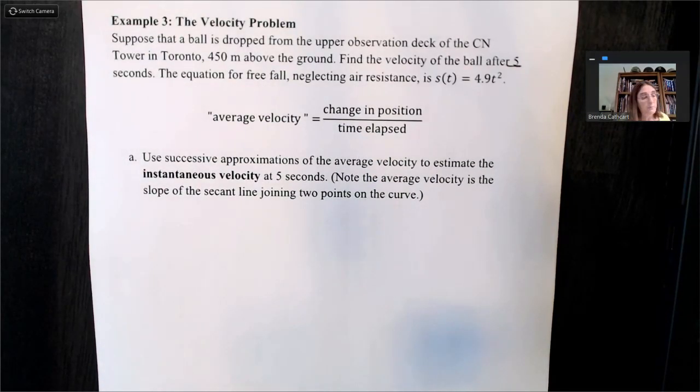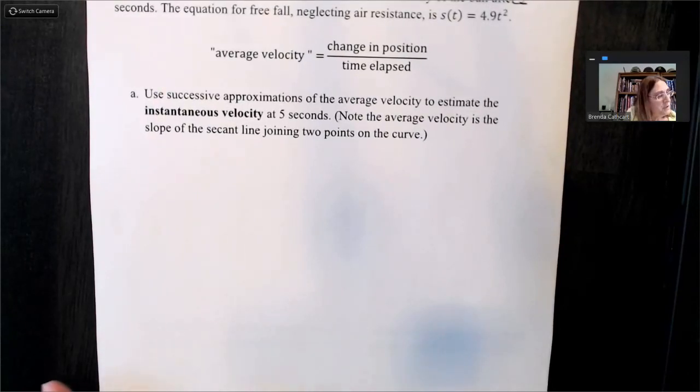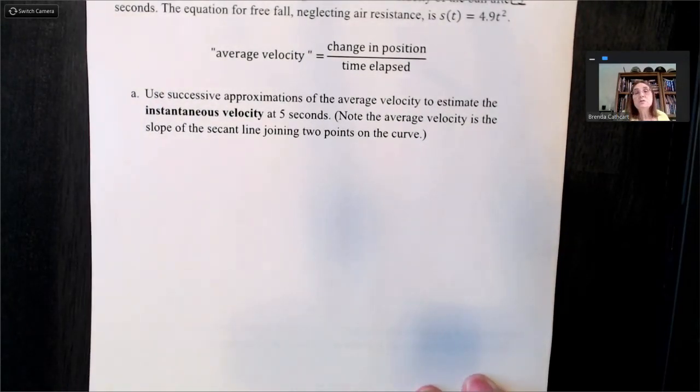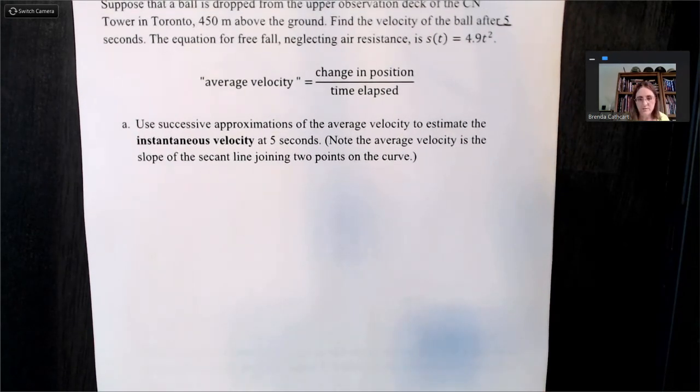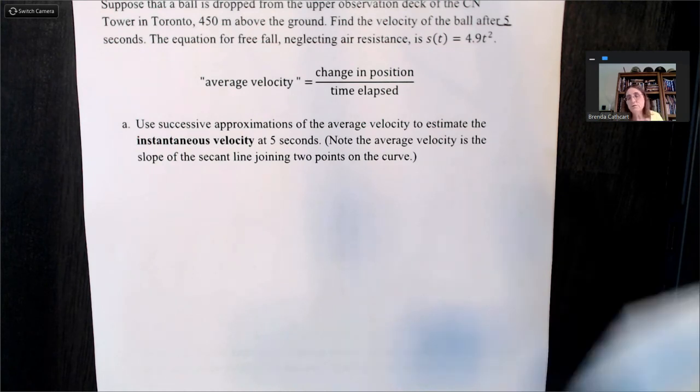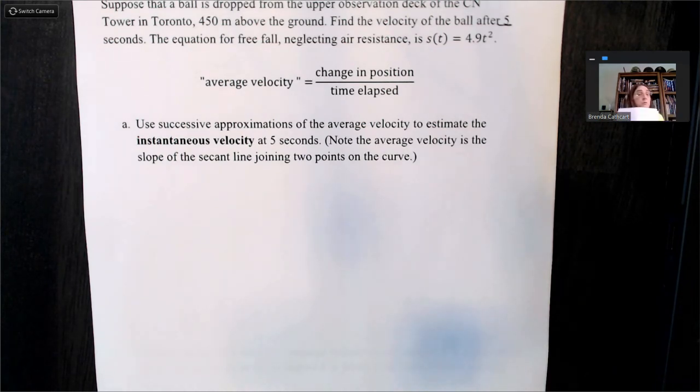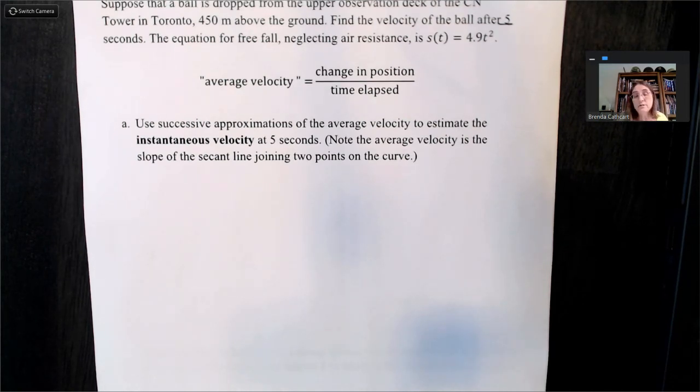So we're going to use successive approximations of our average velocity to estimate the instantaneous velocity at 5 seconds. So let's create a table of values, kind of like what I did earlier, and let's see what we can come up with for our approximation for our instantaneous velocity.